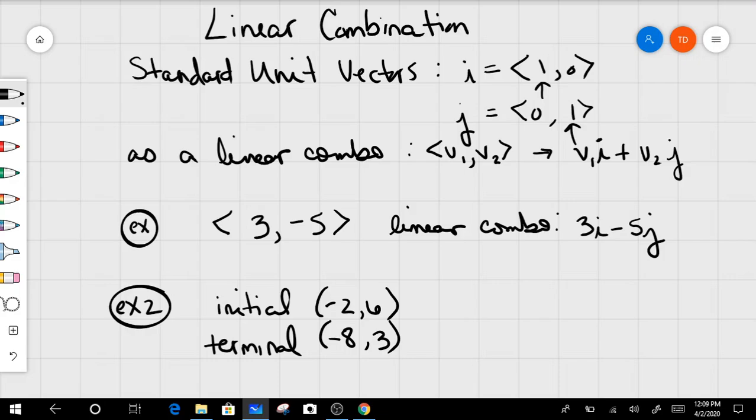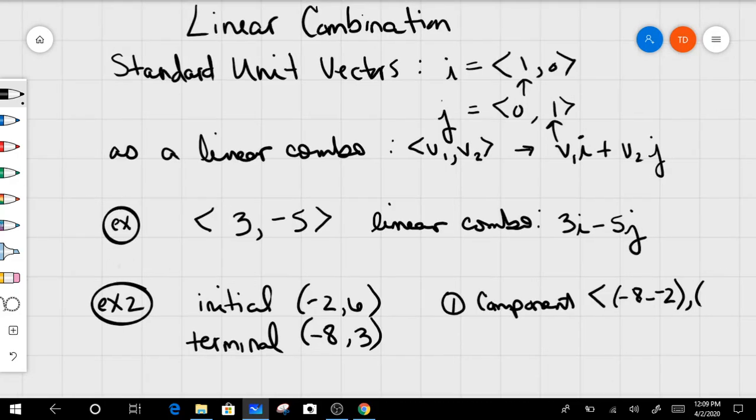Well, in order to write this as a linear combination, you have to have the component form first. So first we're going to find the component form. So you're going to do -8 minus a -2 and 3 minus 6.